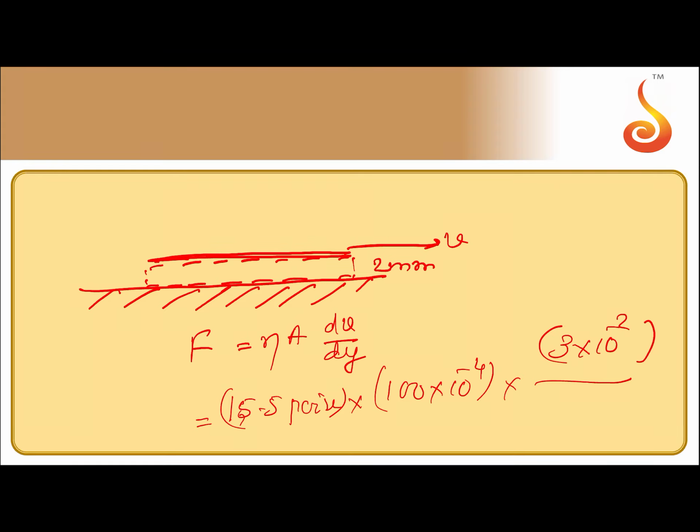That means the top is moving at a velocity v, the bottom is at 0 velocity. Therefore, the velocity difference is 3 into 10 to the power of minus 2, over what length? 2 millimeter. So, the viscous force, which is given by eta A dv by dy, simplifies to 23,250 dyne.